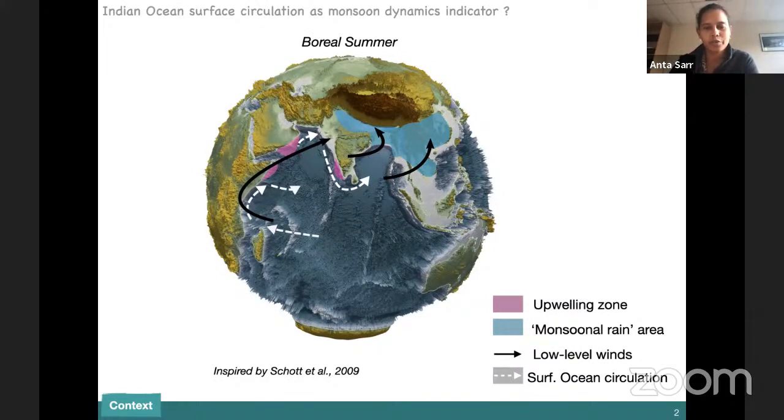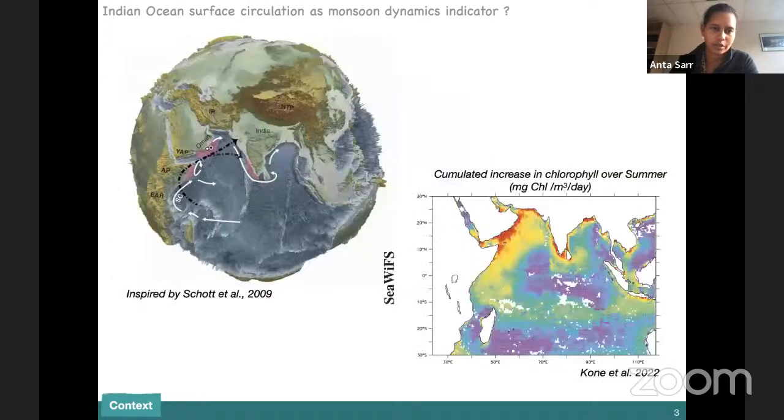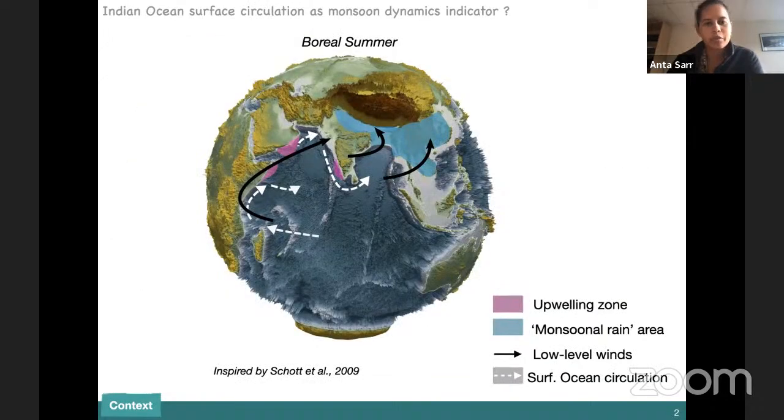During summer, the winds, especially in the western part of the basin, blow from southwest to northeast in the northern part of the equator, transporting moisture toward continental Asia. This is the black arrow on the left, which is called the Somali jet.